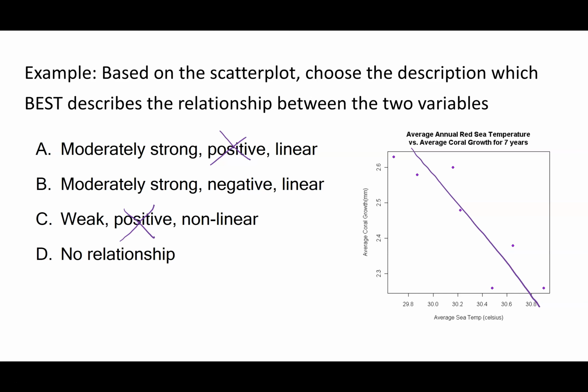Looking further, I would argue there's a relationship. I would argue this is moderately strong. The points fit the line fairly well. When you look at it, you definitely see a linear trend to it. So I would argue the relationship between average sea temperature and average coral growth is moderately strong, negative, and linear.